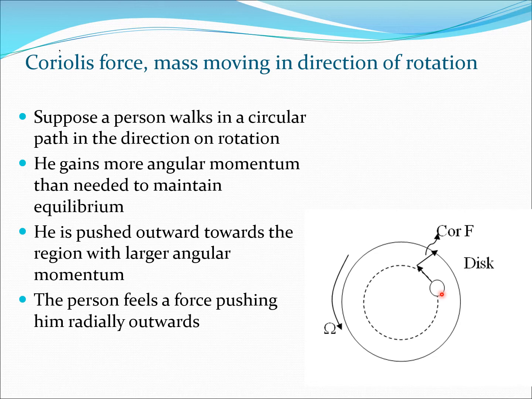The result is that he is pushed outward toward the region which has larger angular momentum. And therefore this person starts feeling a force which pushes him radially outward from the center of this rotating disk.